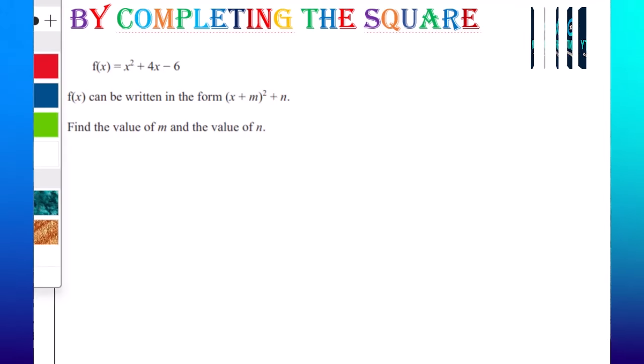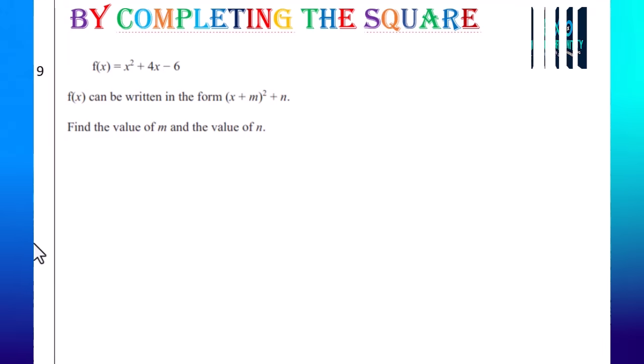The quadratic equation will be given in this form, x squared minus 4x, and you have to close it in this form. And how would you know in the exam that you have to use it? In the same question you could solve by factorization, by formula, or by completing the square. This hint, this statement will be there.